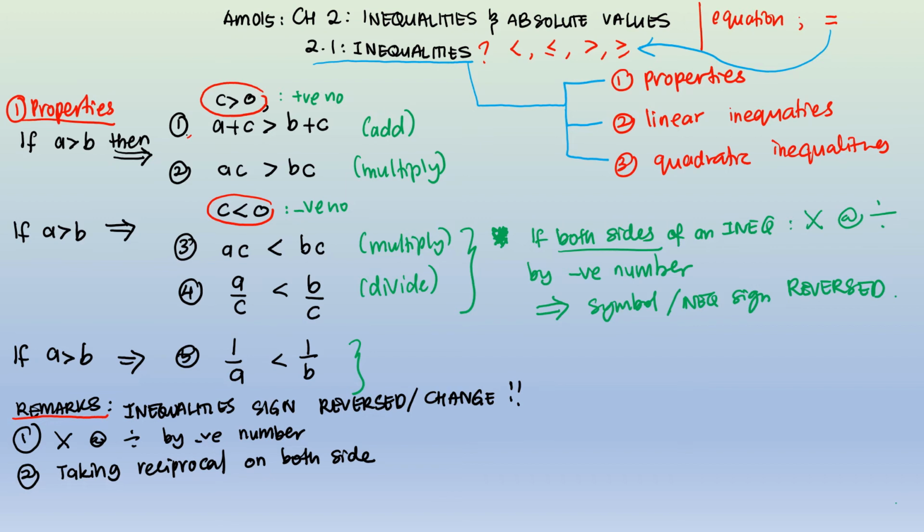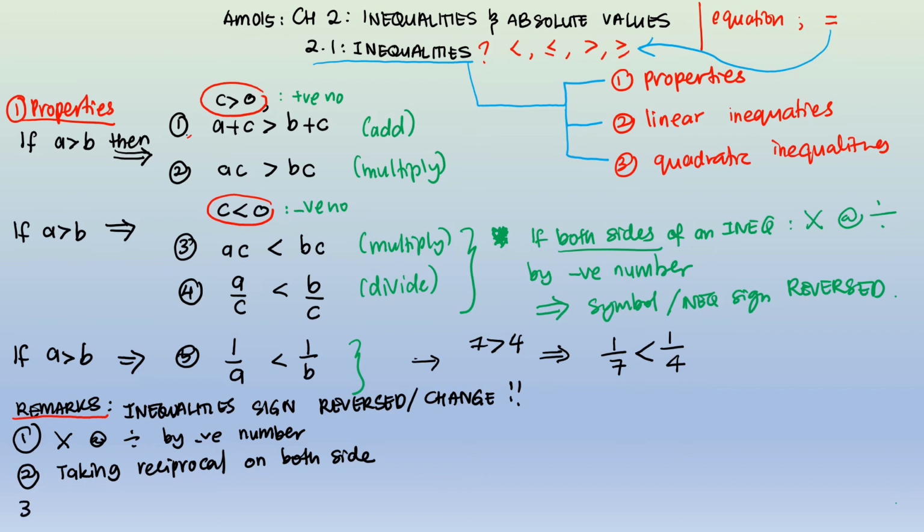For example, for the proof, you have 7 greater than 4. Try to calculate 1 over 7 and 1 over 4. The value 1 over 4 will be greater. That explains remark number 2: when you take the reciprocal on both sides, the symbol will change because the value changes as well.